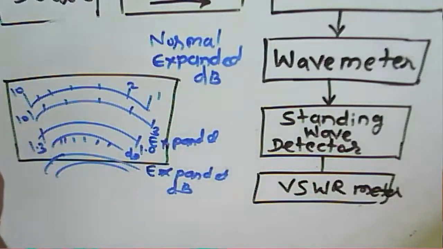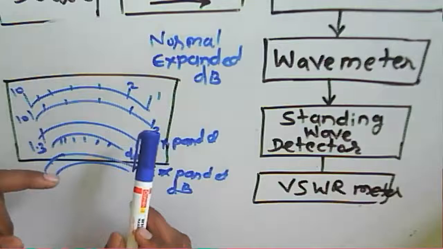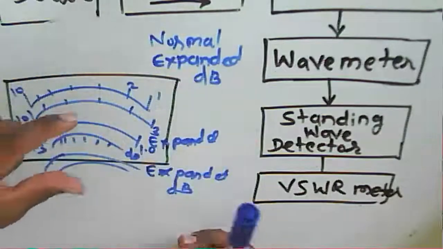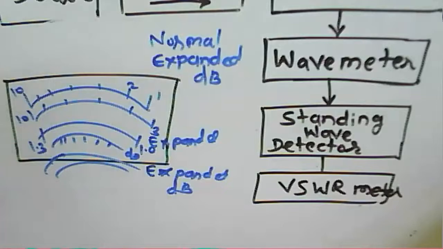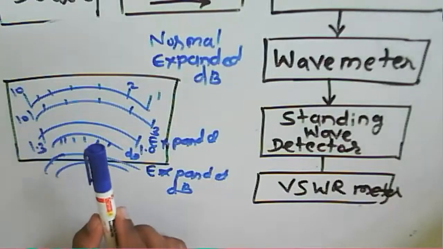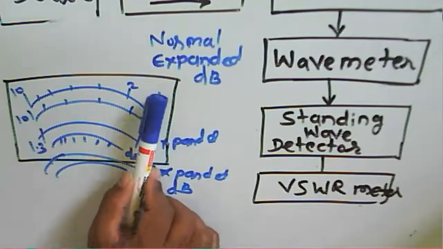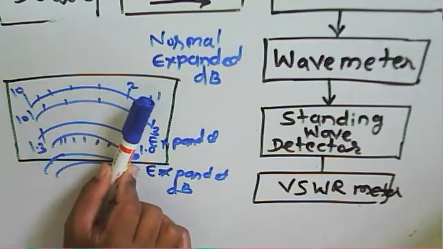To get the VSWR value, we need to adjust the slotted section probe carriage to the position where we get the maximum value, and at that maximum position the meter scale is to be adjusted to 1.